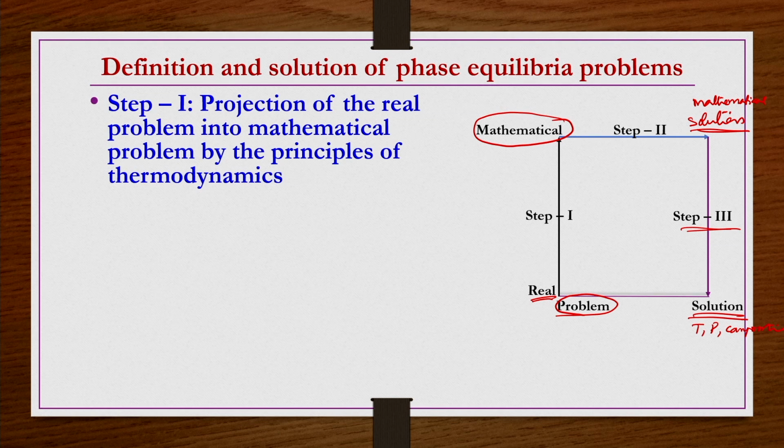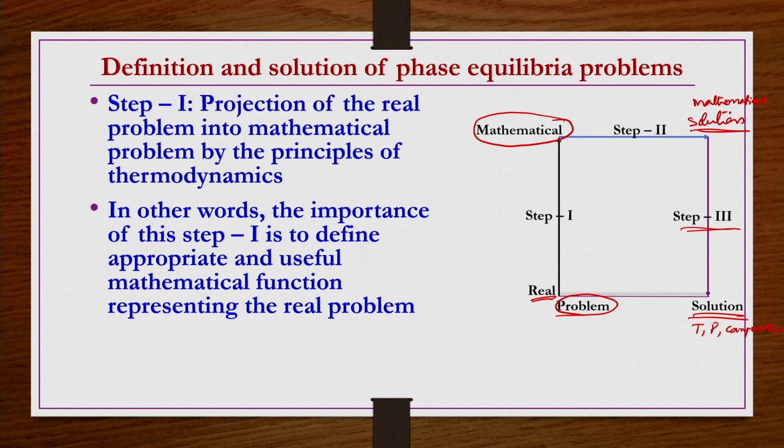That means, in step 1, what we are trying to do is project the real problem into a mathematical problem by the principles of thermodynamics. In other words, the importance of step 1 is to define an appropriate and useful mathematical function representing the real problem. So, what is that mathematical function? That is again very important. Until and unless you know that mathematical function, you are not going to represent this physical real problem in mathematical form.